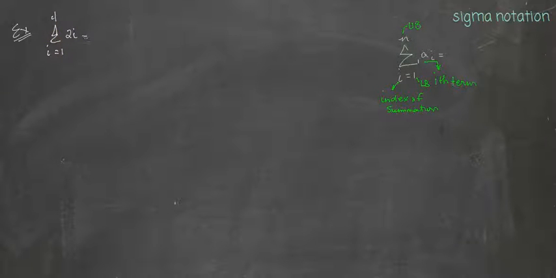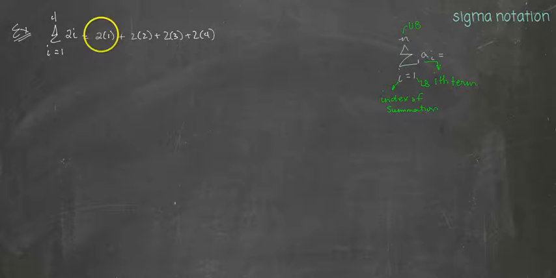Well, this notation tells us that first we're going to plug in 1 for i, so we get 2 times 1, and then summation means add. Next, we're going to plug in the next integer up. These are always integers. i values are integer increments. So this would be 2 times 2 plus the next integer up, 2 times 3 plus 2 times 4, and the upper bound tells us to stop at 4.